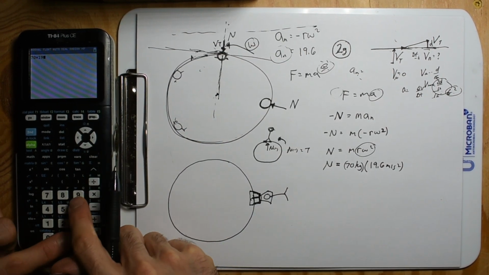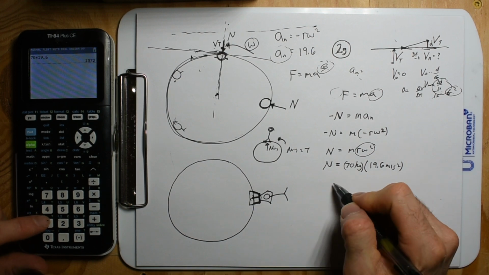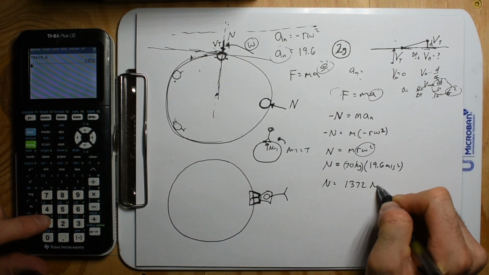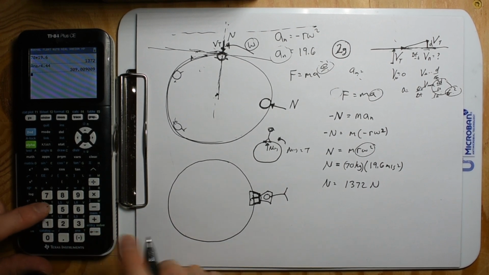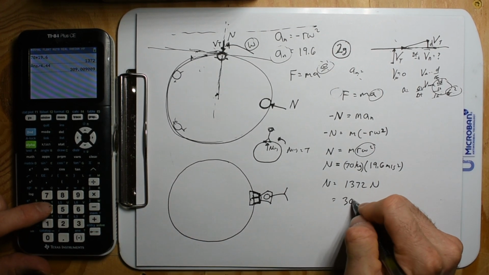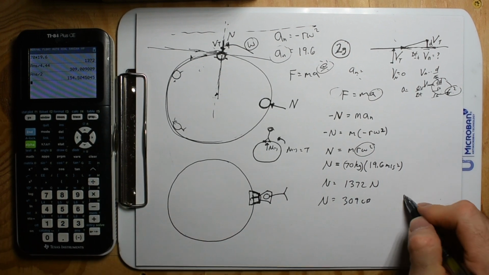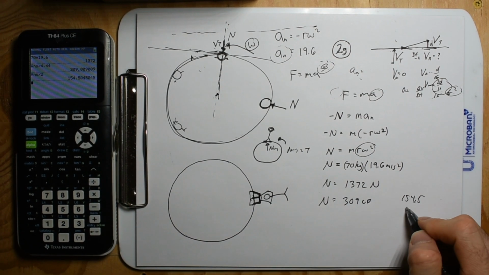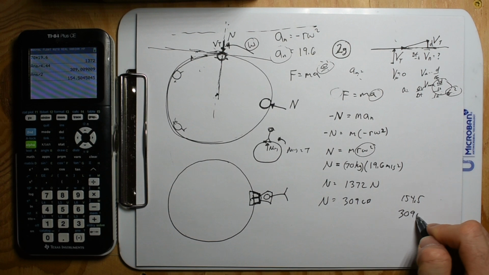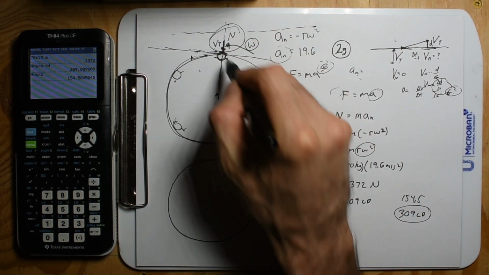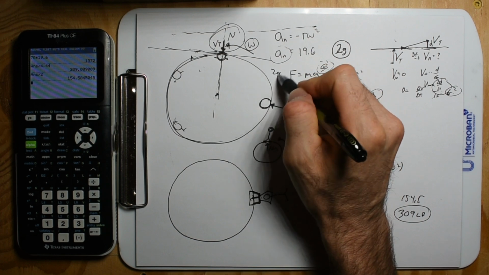So we got 70 times 19.6, and you get 1,372 newtons divided by 4.44, and you get 309 pounds. So divided by 2, if I weighed 154.5, now we have 309 pounds. So this is the normal force that we would feel with 2 g's.